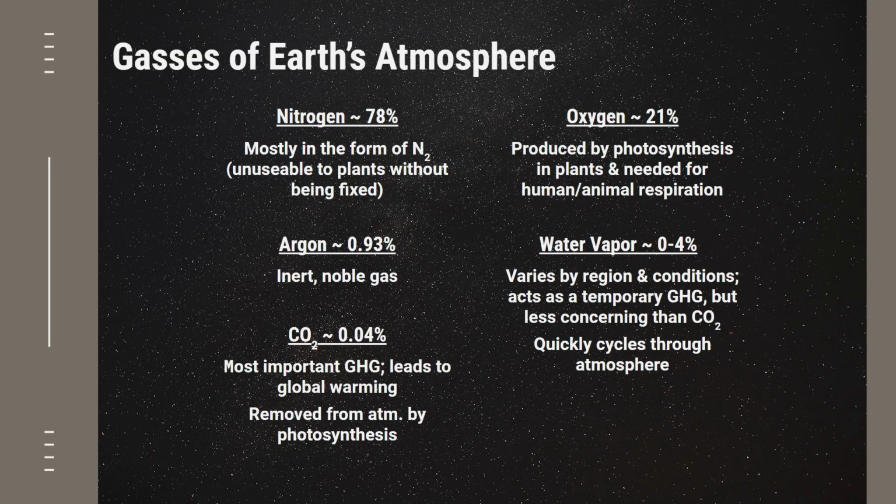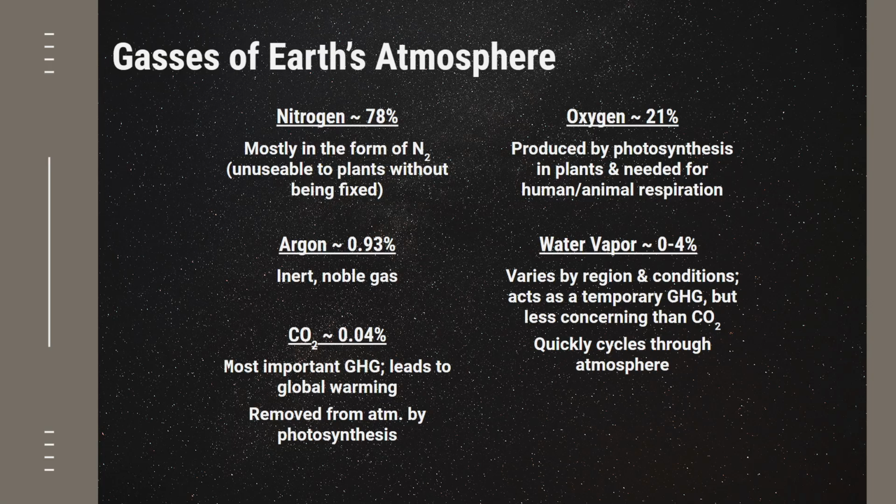Then we have water vapor, which depending on the conditions and region can range anywhere from basically 0% all the way up to 4%. It is also important to know that water, even though it naturally occurs in the atmosphere, is actually considered a greenhouse gas, meaning that it traps the sun's energy in the atmosphere and warms the planet.